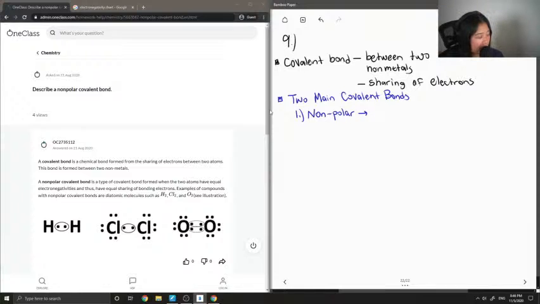So when you have a nonpolar covalent bond, this is when the two atoms have an equal or similar electronegativity values.